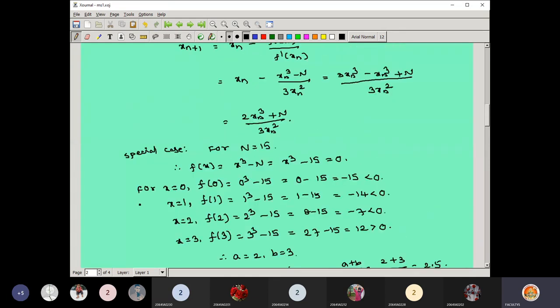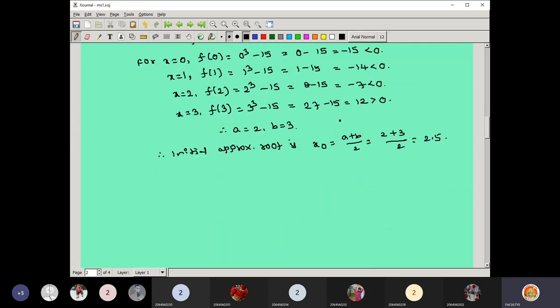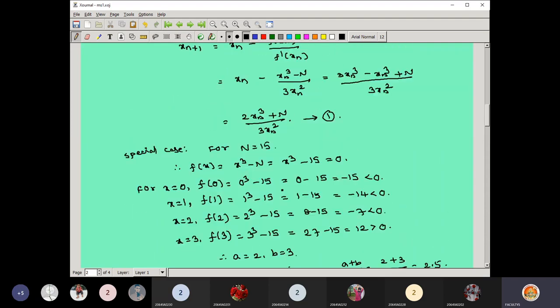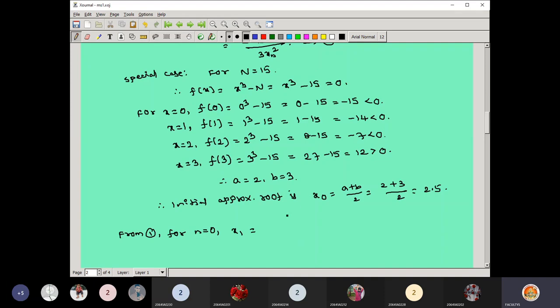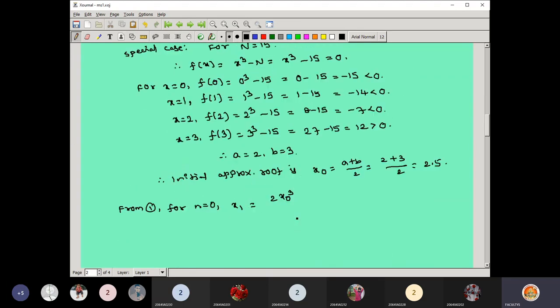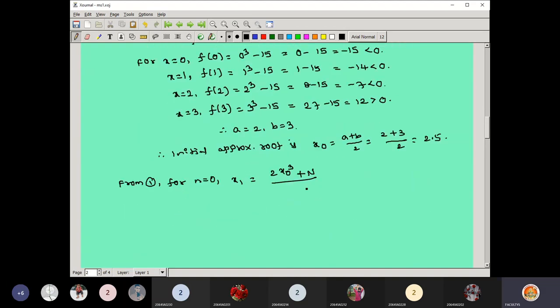So what is the derived formula? This formula we have already calculated to find out the cube root of a number. So directly I am substituting in your equation number 1. From equation number 1, for n equal to 0, you are getting x1 equal to 2x naught cube plus capital N, total divided by 3x naught square.